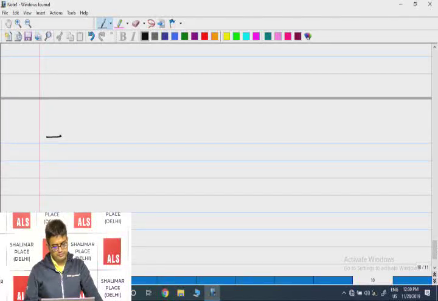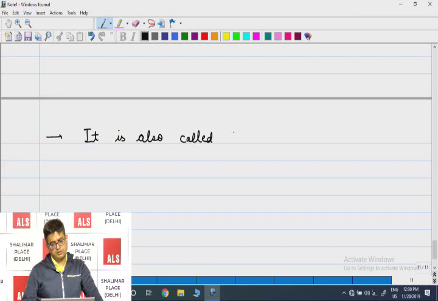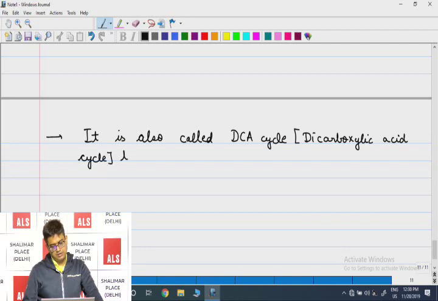Please also write: it is also called the DCA cycle or dicarboxylic acid cycle, because the first stable product is a dicarboxylic acid.